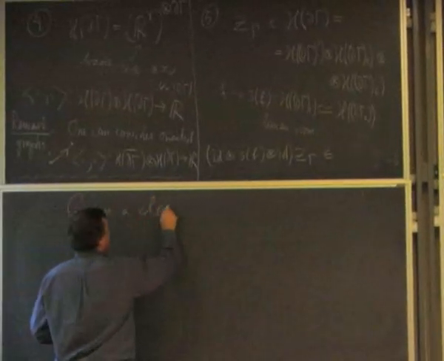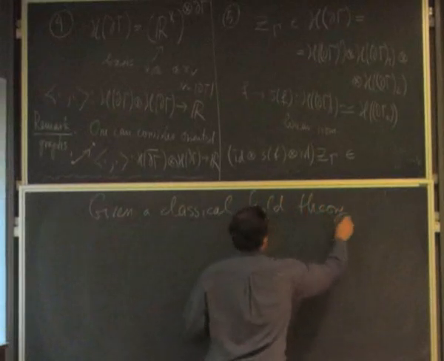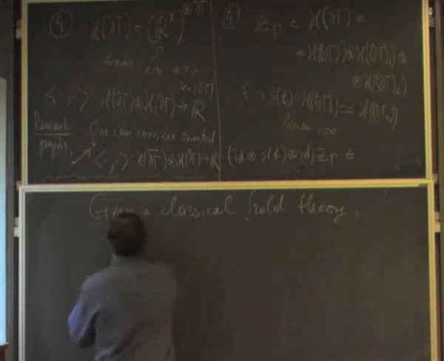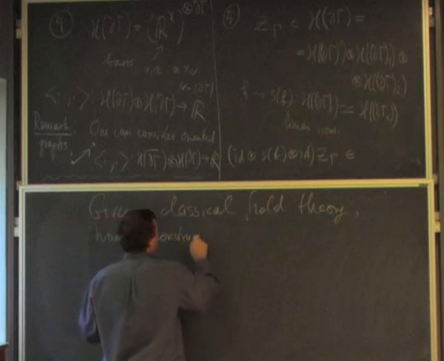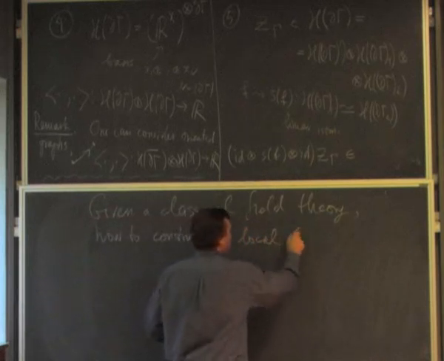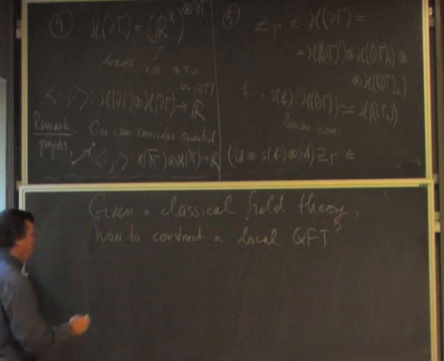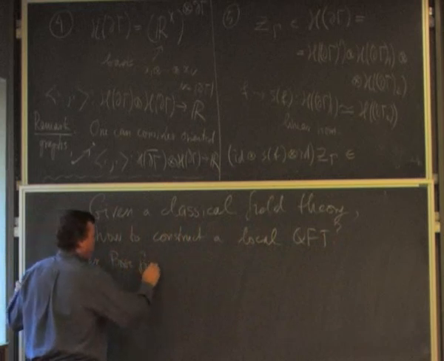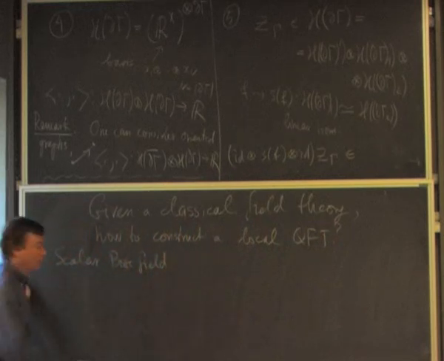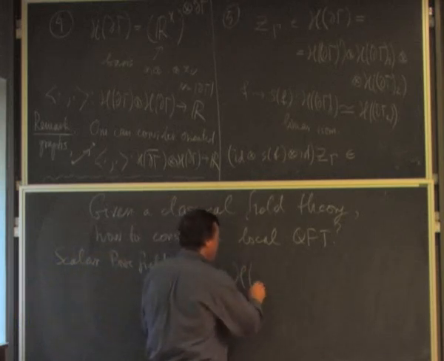Suppose we have a classical field theory; how to construct a local QFT in this sense? Well, let's take the scalar Bose field as an example. So here is the very naive proposition.